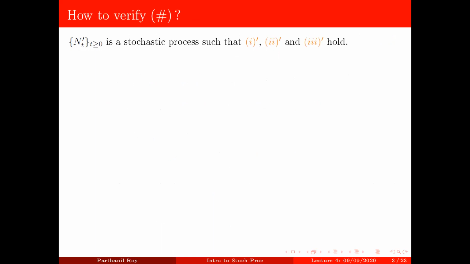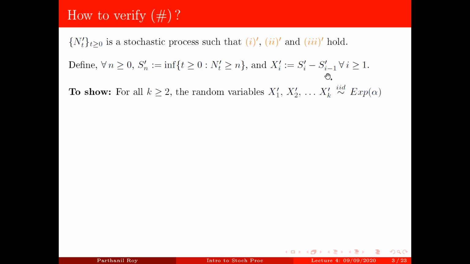So therefore, we are in this setup where N dash t is a stochastic process satisfying 1 dash, 2 dash, and 3 dash, and we define the so-called arrival times, Sn dash, and the so-called inter-arrival times, Xi dash, as before.